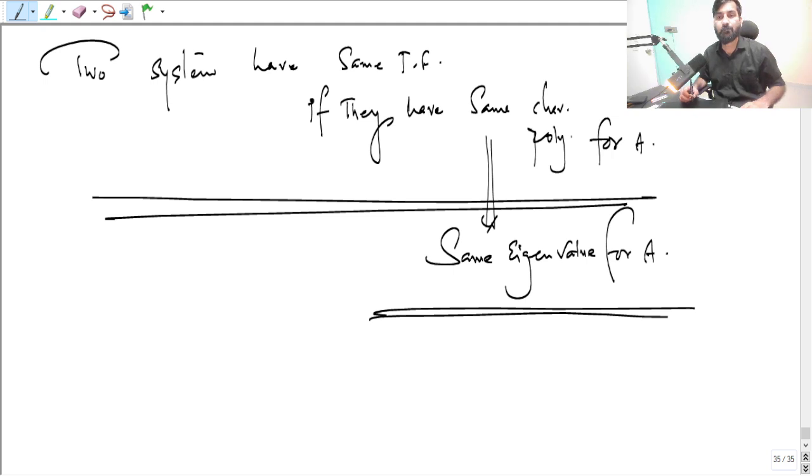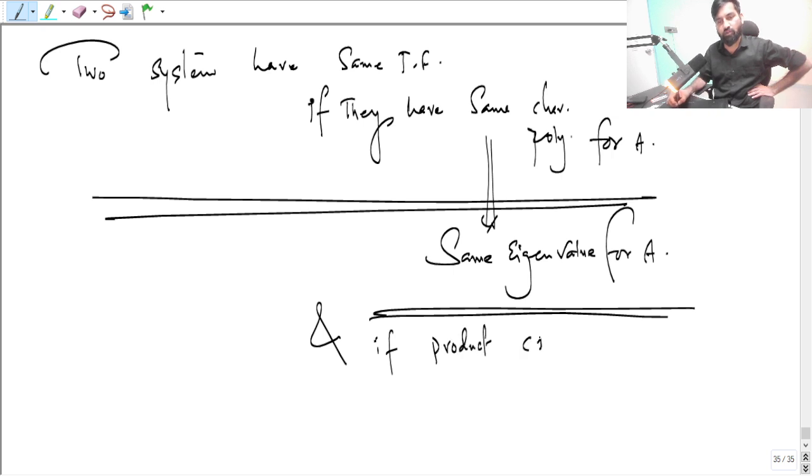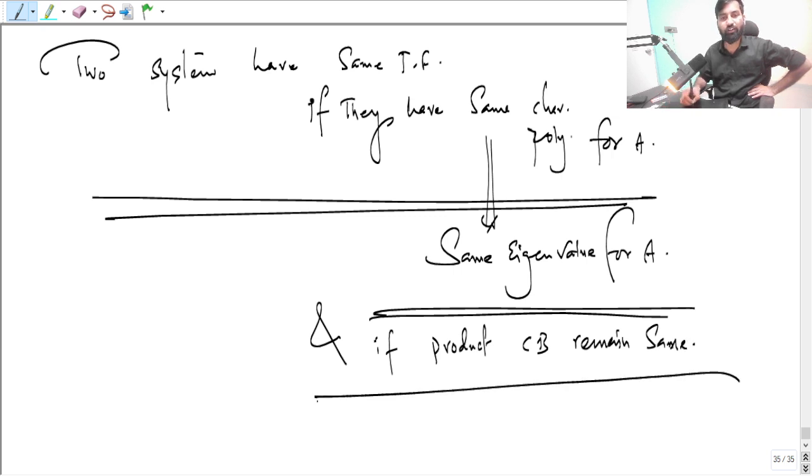And you have to add one more condition: the product CB must remain the same. If you have attended my sessions on control systems, I always tell you these techniques. Then you can say two systems will have the same transfer function.